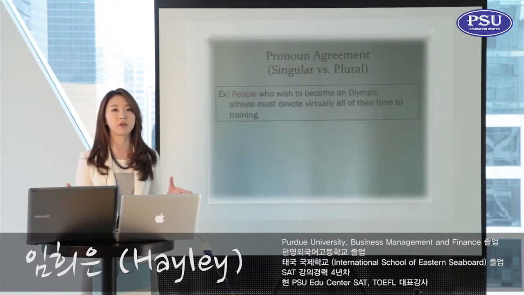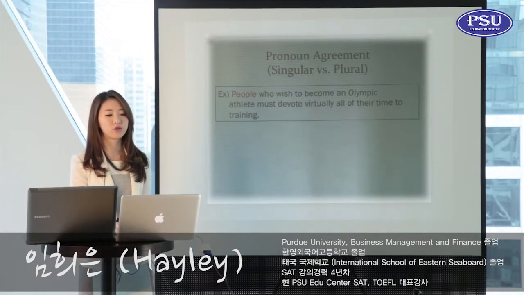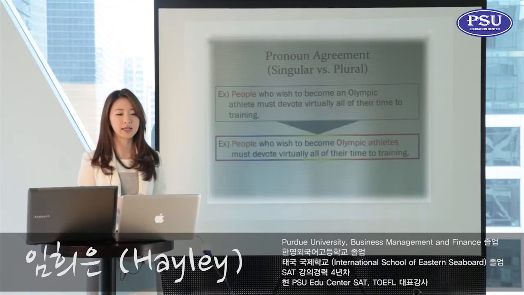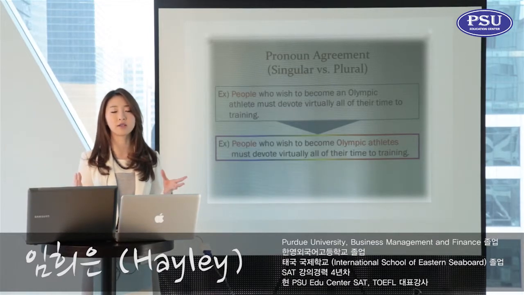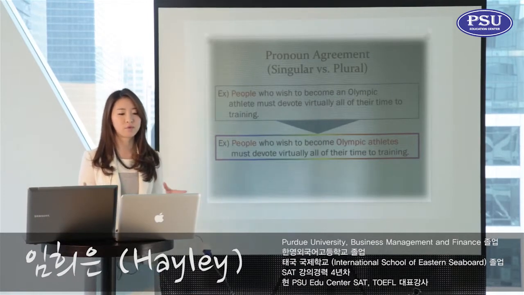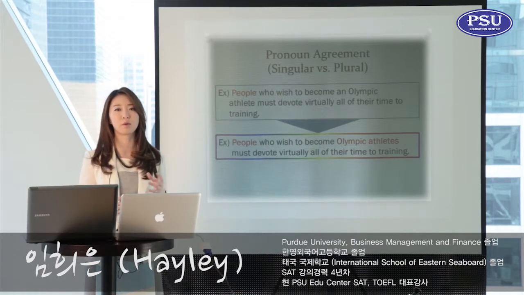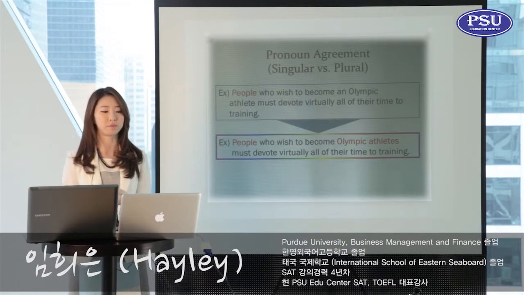We're talking about people here in a plural form. So do you see the mistake in this sentence? It should be people who wish to become Olympic athletes, with a verb in a plural form, must devote virtually all of their time to training. So you keep seeing how we have to keep this singular or plural form in a constant form.